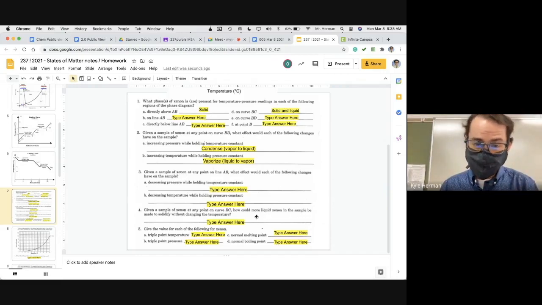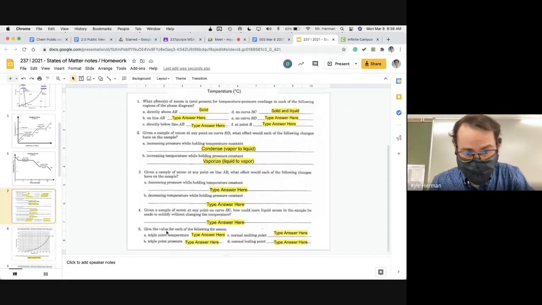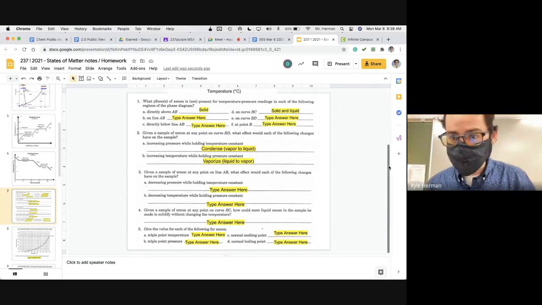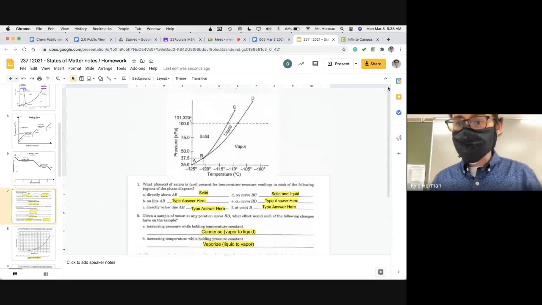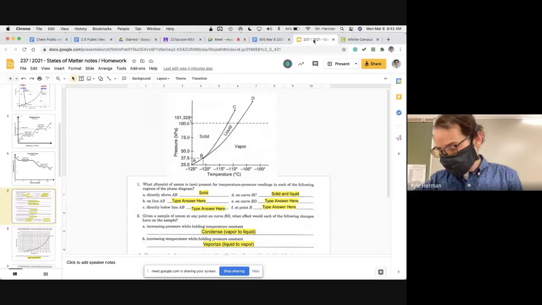So you guys think about that one too. We'll come back to it. And then it says, given the value for each of the following for xenon, all right, so what's the triple point temperature, the normal melting point? So you guys can use the chart above to figure all that out. All right, so here's what we're going to do. I'm going to give you guys a few minutes to go through this slide on your version. All right, fill it in, and then we're going to go over it.